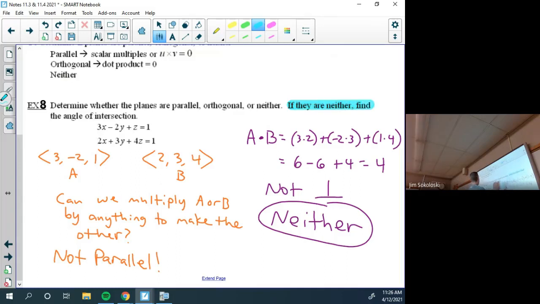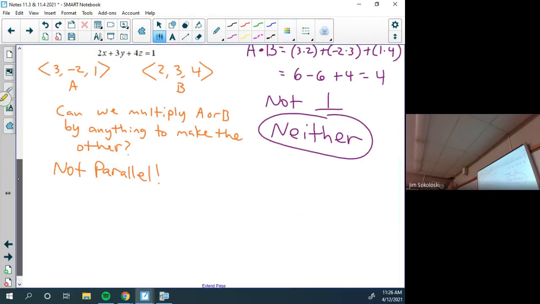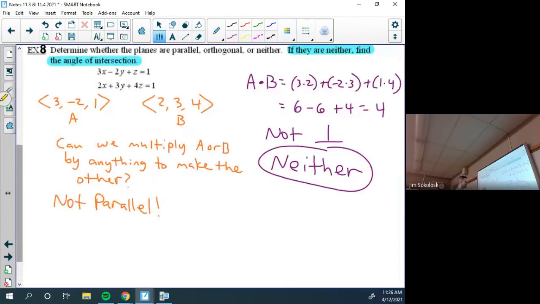If they are neither, find the angle of the intersection. So I have to actually go ahead and find the angle like we just did on the last question. Luckily we already got the dot product. So to find this angle, pretty straightforward. Cosine of theta, the dot product we got is 4.